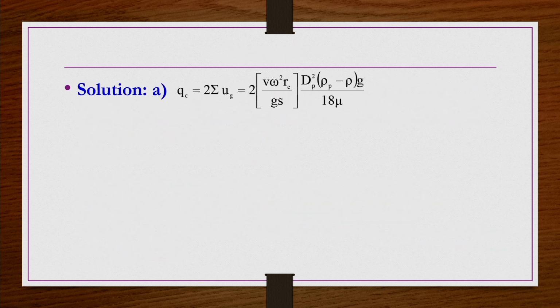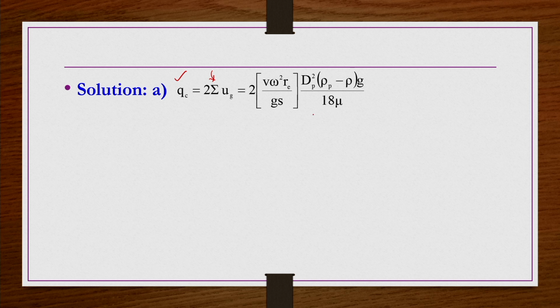So the first part of the solution is finding out the sigma value, that is Qc equals 2 sigma Ug, that we already know. If you expand this equation: 2 V omega square Re by g Se, and Ug is nothing but dp square (rho p minus rho g) by 18 mu. Q is given.